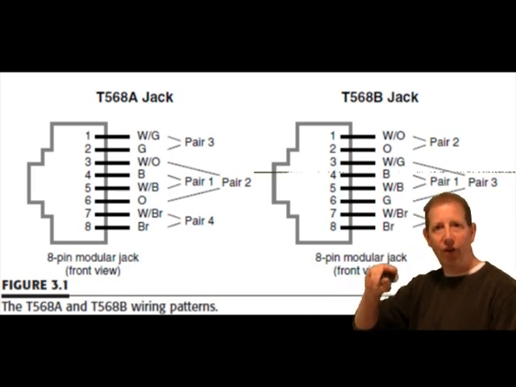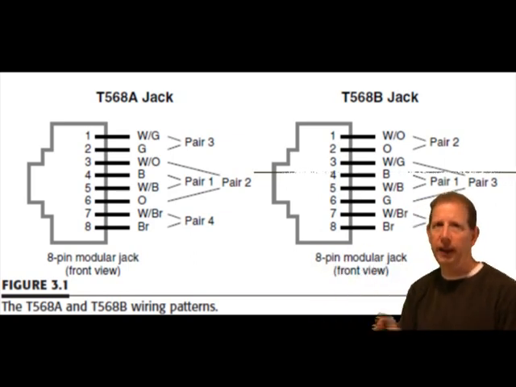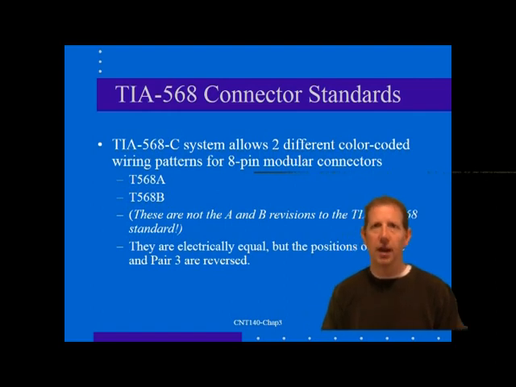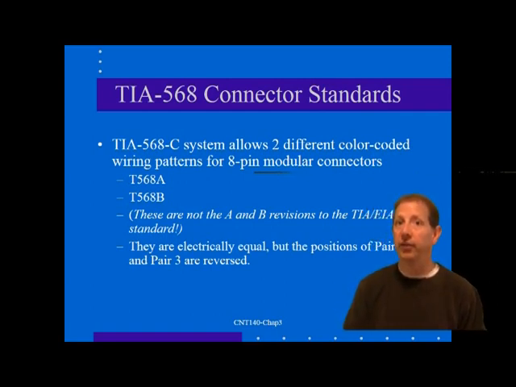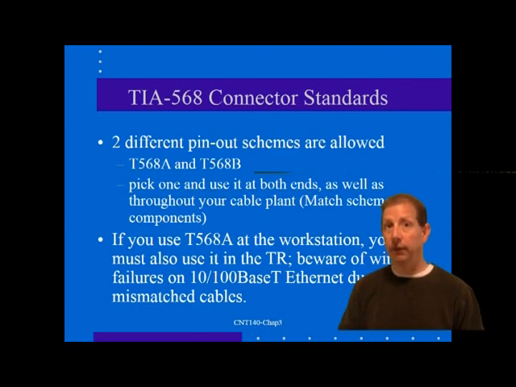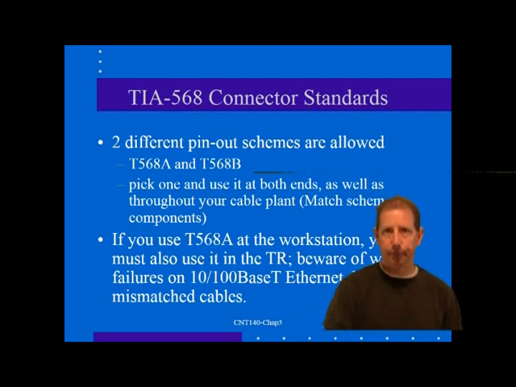Okay, these are our pin patterns, so they're completely different, so don't get those confused. Now the 2 wiring patterns are electrically equivalent, but the positions of pairs 2 and 3 are reversed. Practically this means that the color to pin correspondence varies between the 2 wiring standards. It makes a little difference which one you use as long as you use the same on each end.